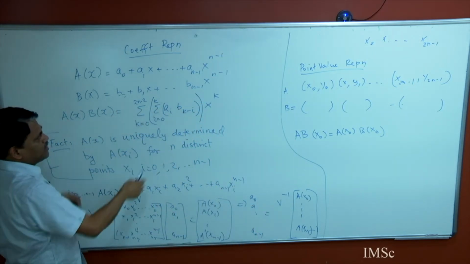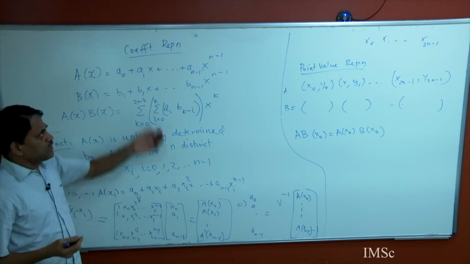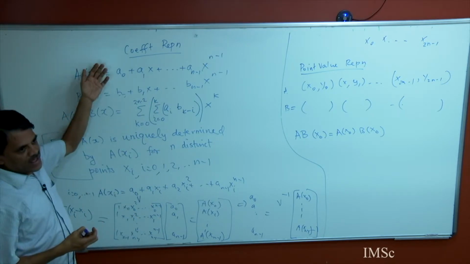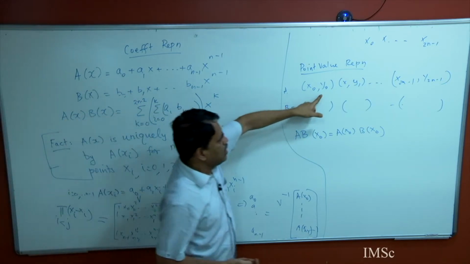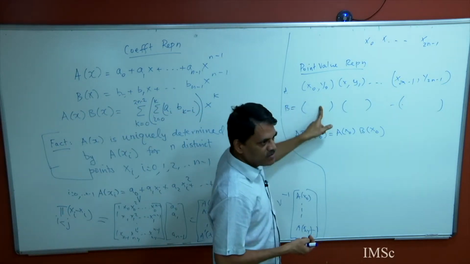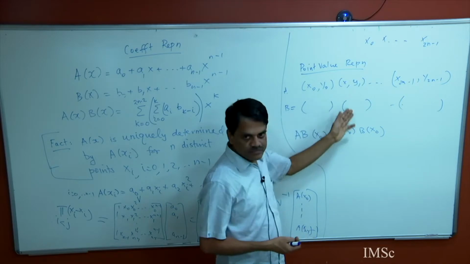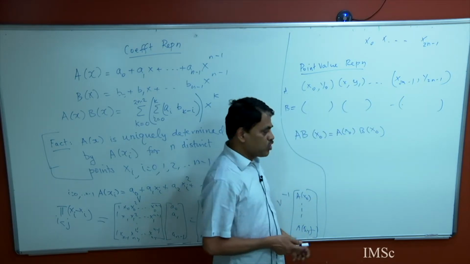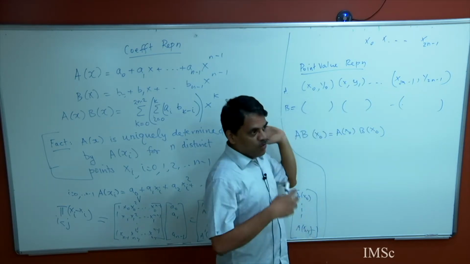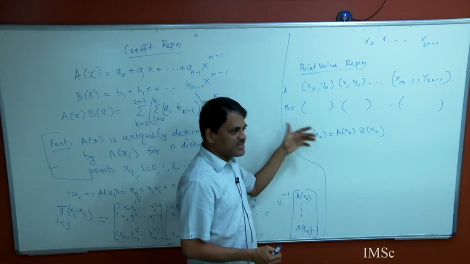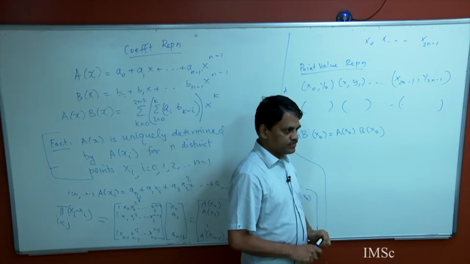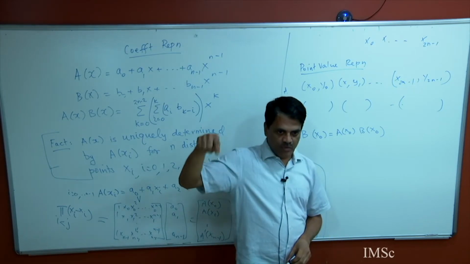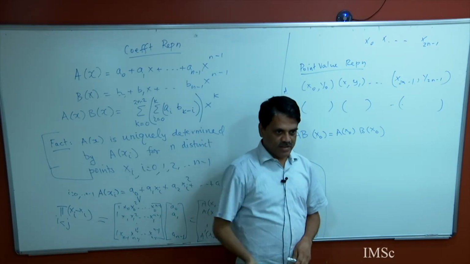I want to evaluate it at x naught, but it is simply the polynomial A's x naught value times B's x naught value, which I have stored here. So I just take the pointwise values and multiply them. So why do I care about this representation? Because in this representation, multiplication can be done in linear time. Because all I have to do is to take the pointwise values and multiply them.